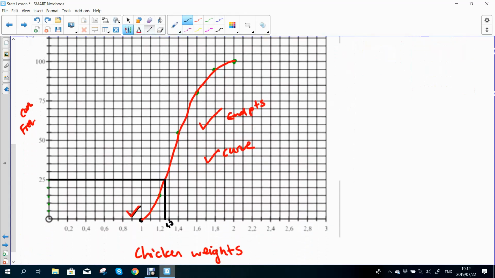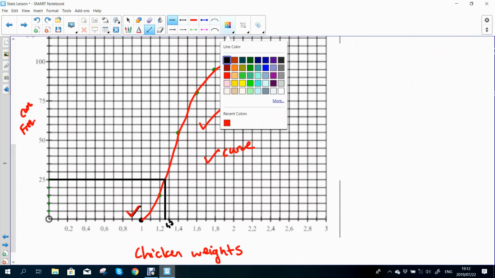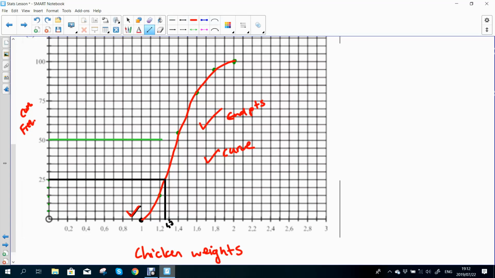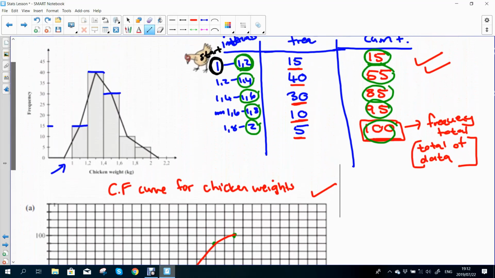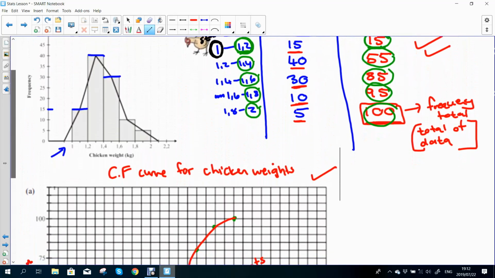Let's use a different color this time, green. I put down my ruler on 50 until I touch the graph. Then I read down from 50, and I'm getting 1.4 as an answer.